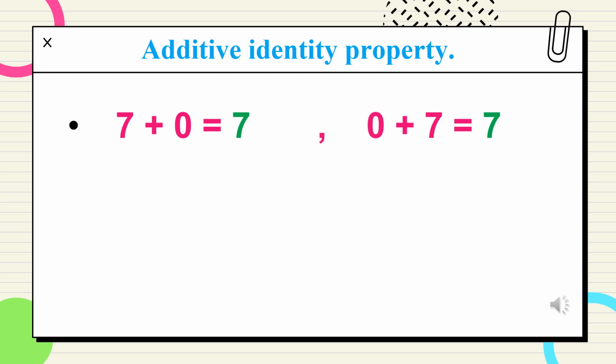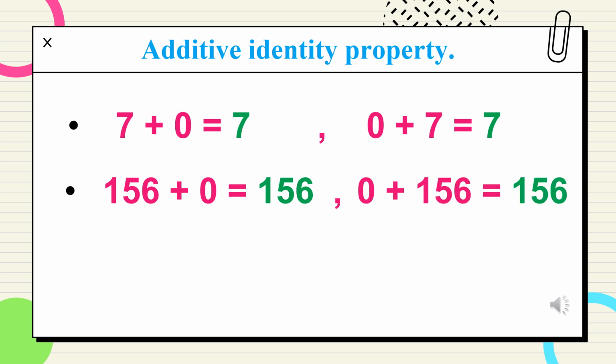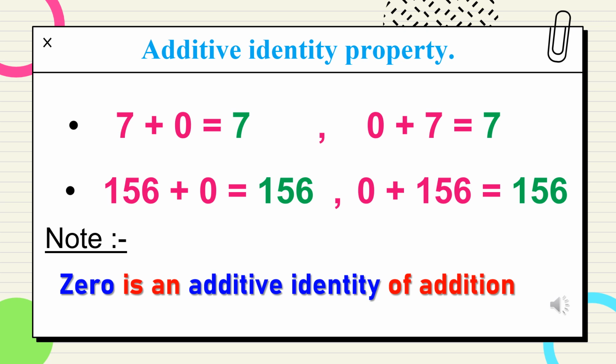So you add 0 to any number and the sum equals that number. 156 plus 0 equals 156. If we make 0 plus 156 equals the same number, which is 156. So now we have a small note. 0 is an additive identity of addition.